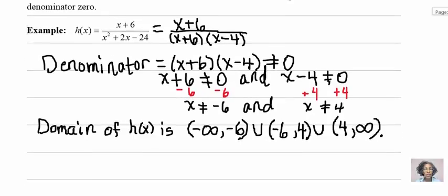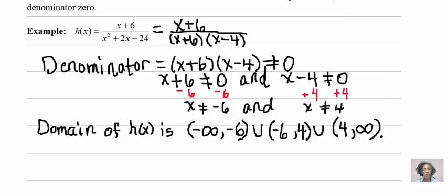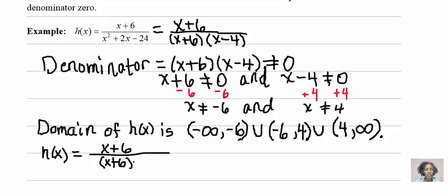One of the things I want to point out about this function is that when we put it in factored form, you probably noticed that h of x had a factor of x plus 6 in the numerator and a factor of x plus 6 in the denominator, as well as a factor of x minus 4 in the denominator.